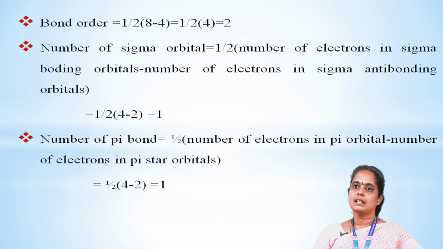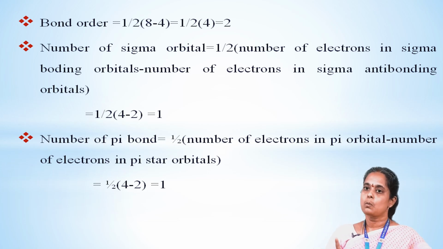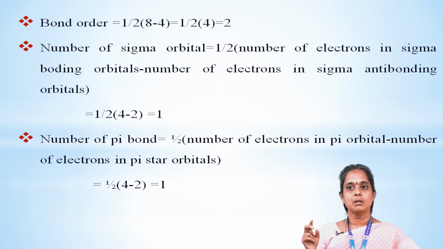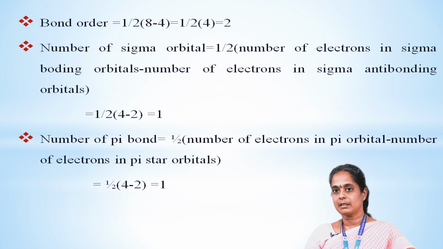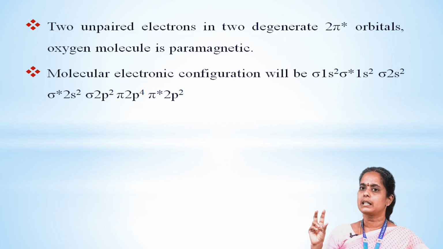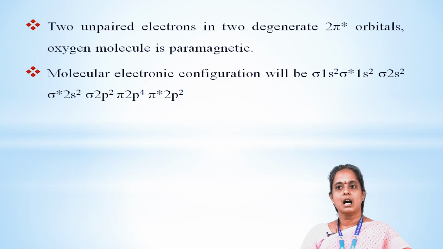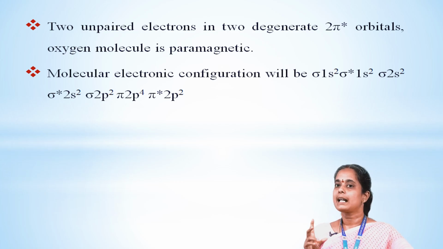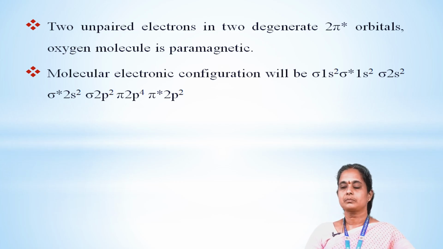So, the oxygen molecule has 1 sigma bond and 1 pi bond, that is oxygen double bond oxygen. Since there are 2 unpaired electrons in the 2 degenerate pi star orbitals, the oxygen molecule is paramagnetic in nature.